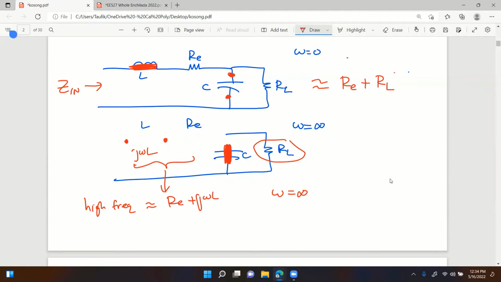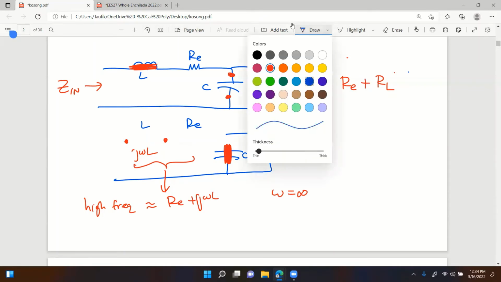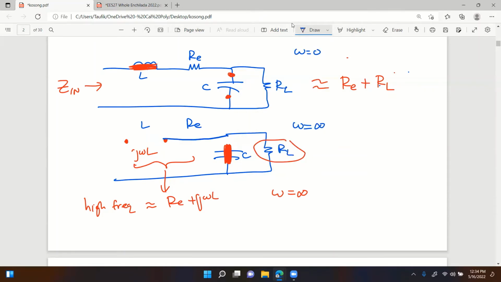Sorry, not the output being zero: input impedance just becomes infinity if omega is equal to infinity.